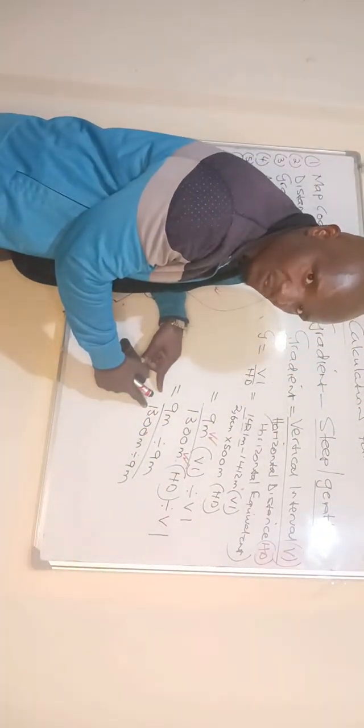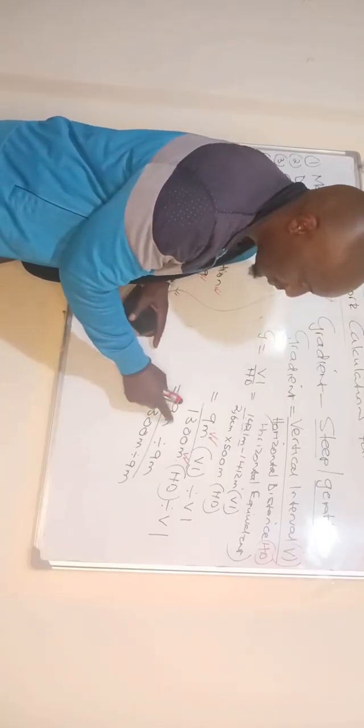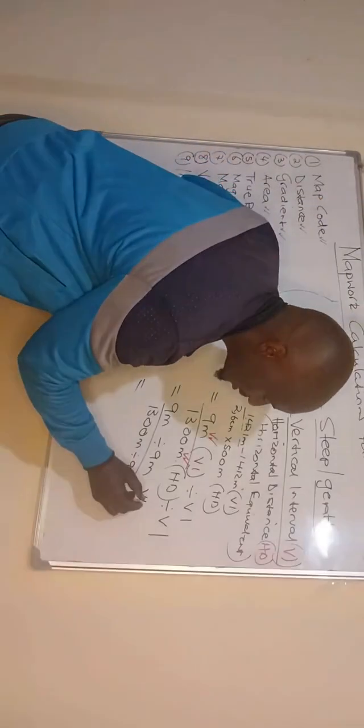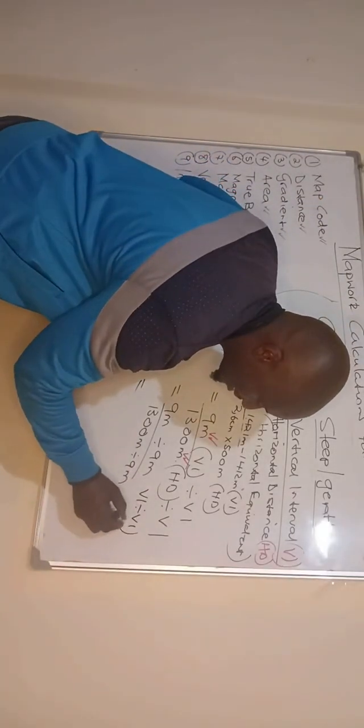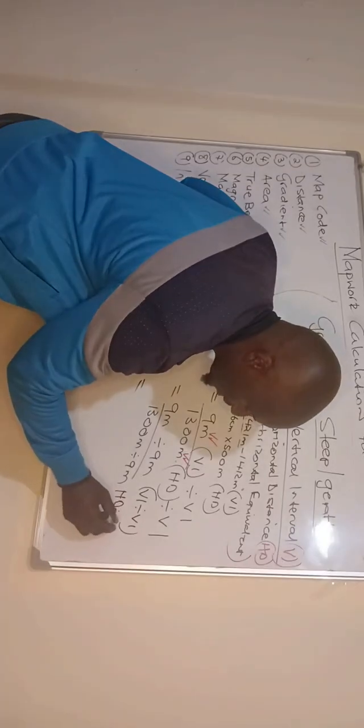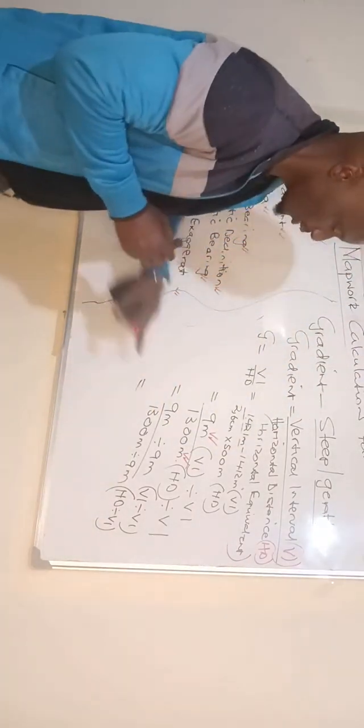That's why we are dividing. So now we say 9 meters, which is our VI, so it's VI divided by VI, and HD divided by VI as well. It means we are going to have 1 here, then 1,300 divided by 9.